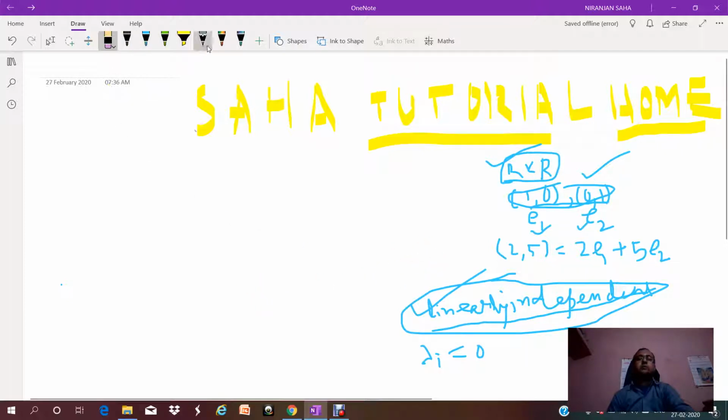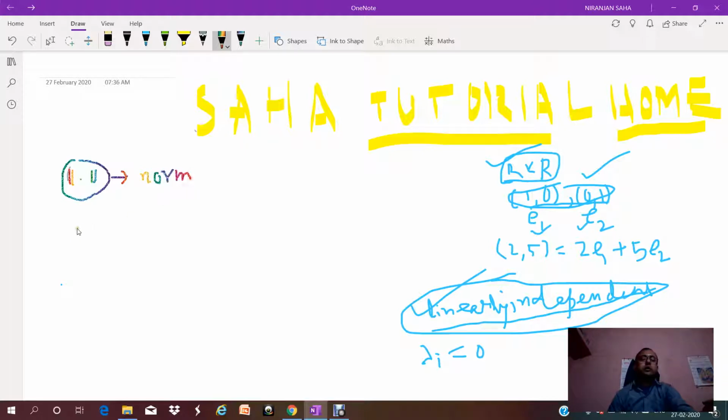What is a norm? A norm is another kind of distance. This is the notation of the norm of any vector.